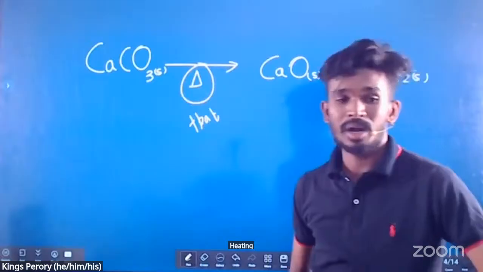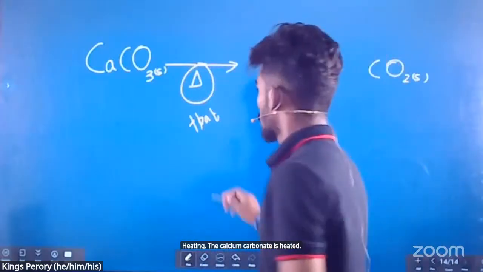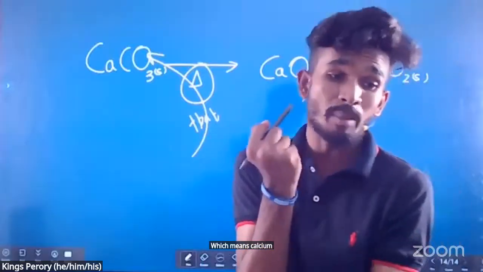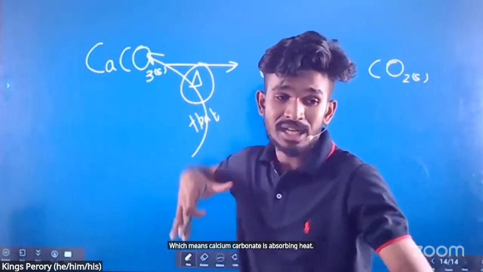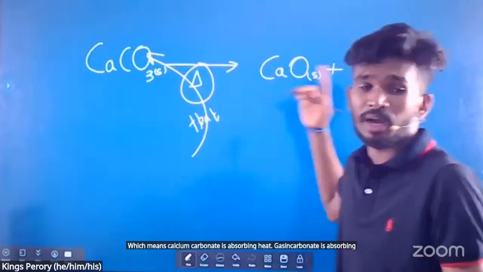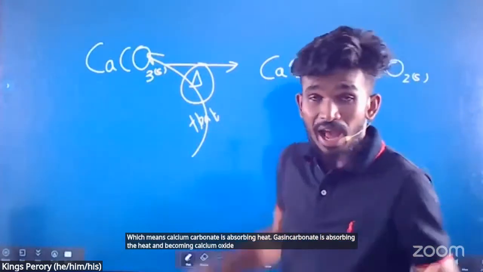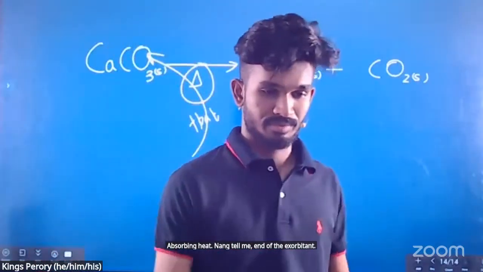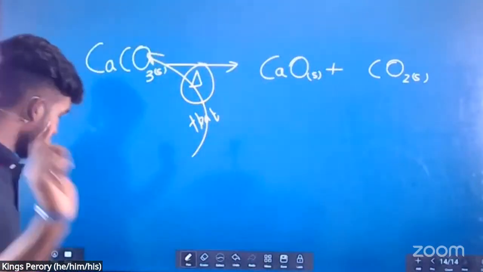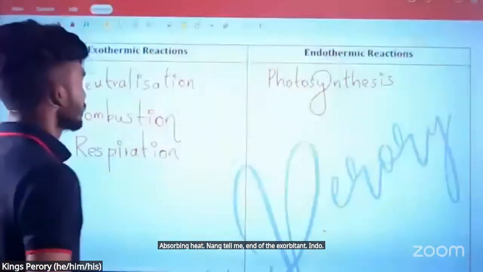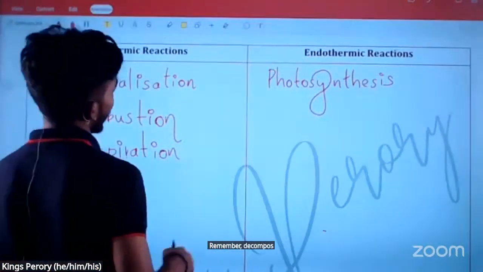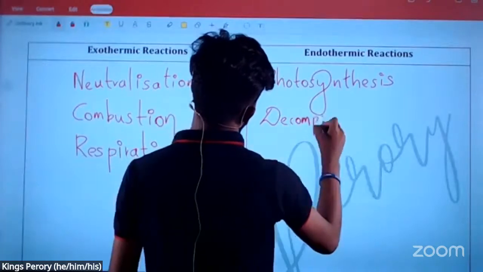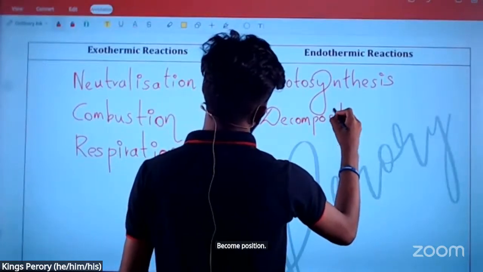So calcium carbonate is heated. You are supplying heat, which means calcium carbonate is absorbing heat. Calcium carbonate is absorbing the heat and becoming calcium oxide and carbon dioxide. Now tell me, endo or exo? Endo. Remember, decomposition is endo.